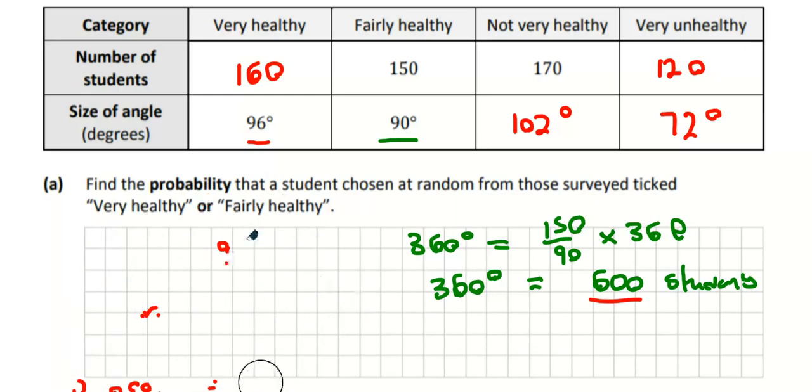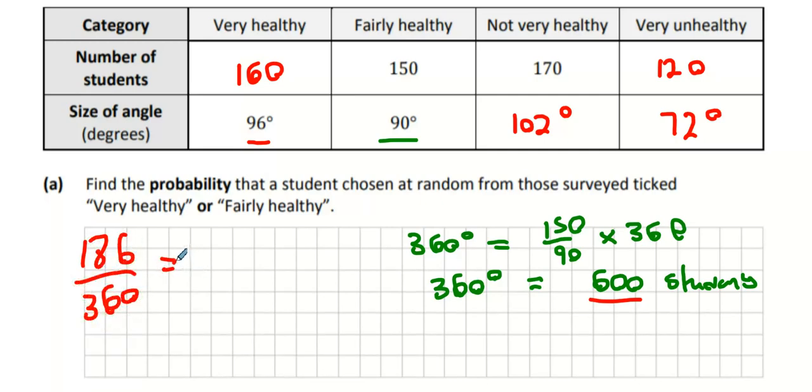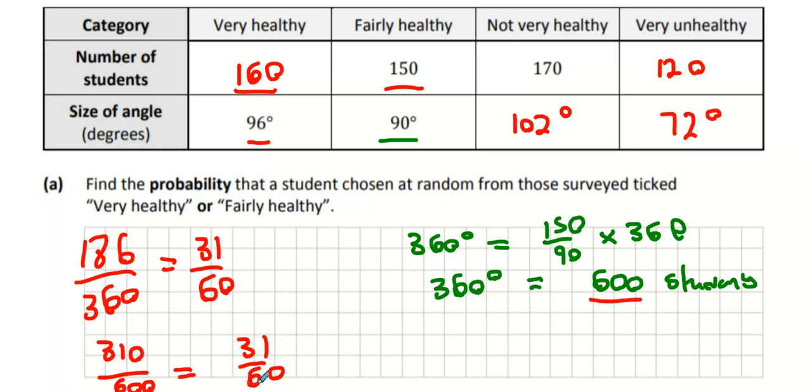Sorry, all these workings are in the wrong spot. So it's 186 divided by 360, which is a ratio of 31 out of 60. You could have also done 160 plus 150, which is 310, divided by your 600, which is also 31 out of 60. Either method would have done nicely, okay?